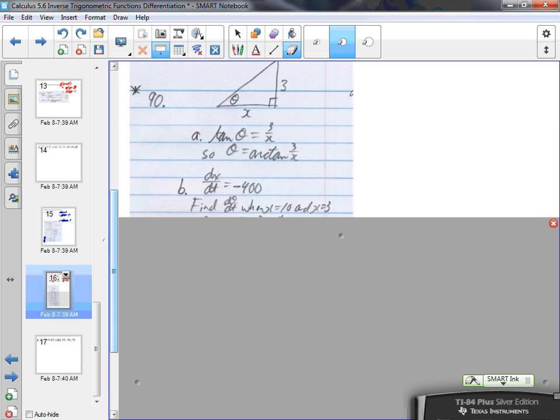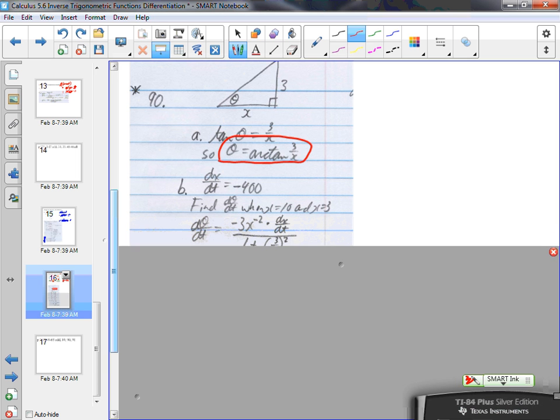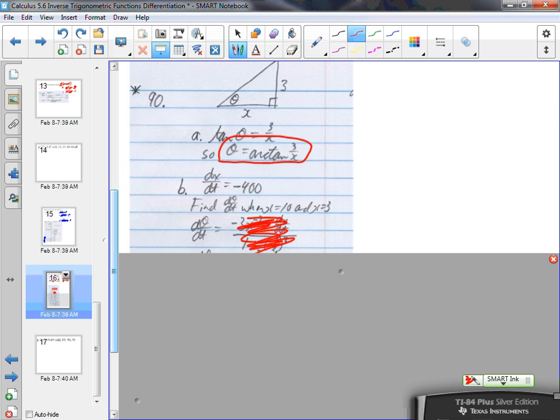Well, let's find dθ/dt. If this is our function, can we take its derivative? Yes. So dθ/dt, and dt makes sense because x is a function of time, equals, all right, the derivative of the arctangent of u.